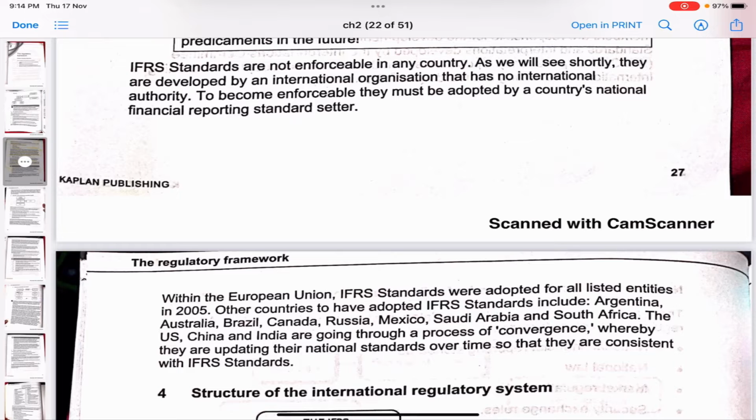Within the European Union, IFRS standards were adopted. So we know that in the EU, and in the UK too, the IFRS standards have been adopted. Only when your national financial reporting standard setter adopts the IFRS does it become something which is legal and which is to be compulsorily followed in your country.